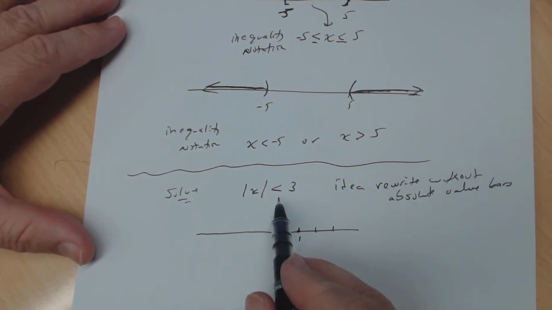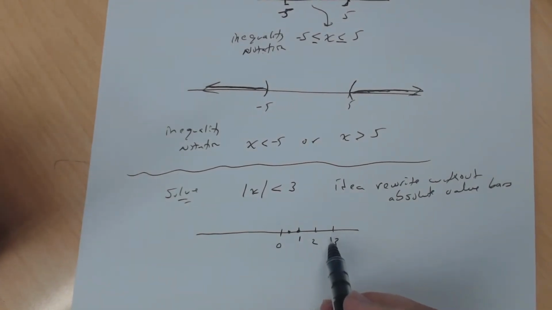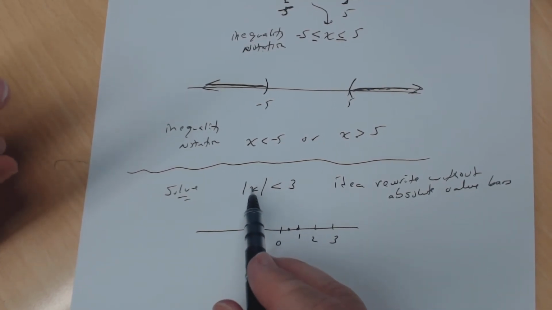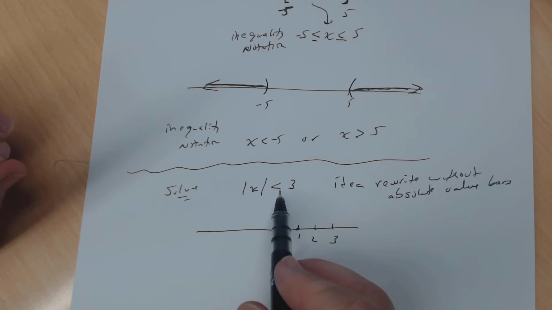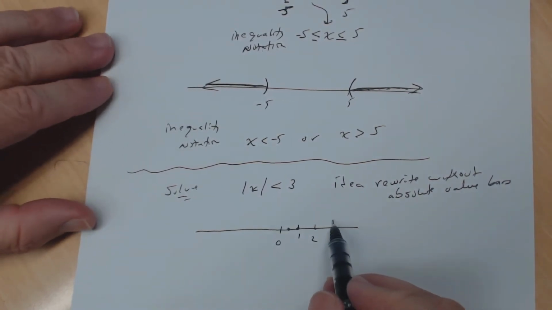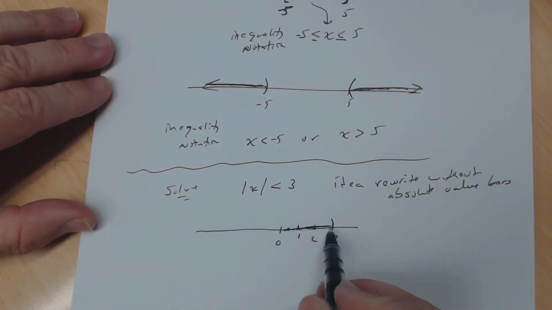And notice I can't use 3. Make sure you understand why. Because if I plug in 3, the absolute value of 3 is 3, but 3 is not less than 3. 3 equals 3. So I've got to use parentheses. So all of these so far are solutions.